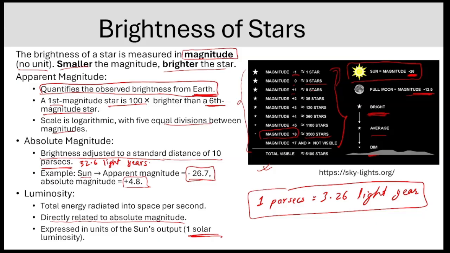If you want to look at what we see in the night skies in more detail, please refer to this website. They have a lot of information on their website.